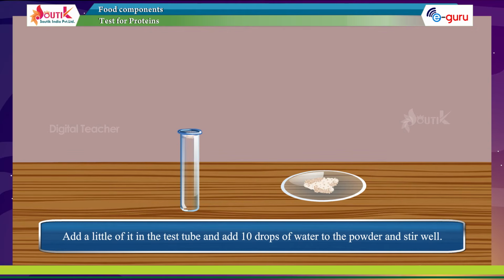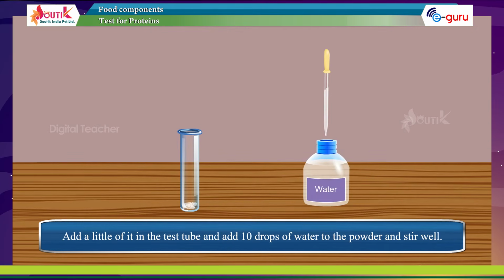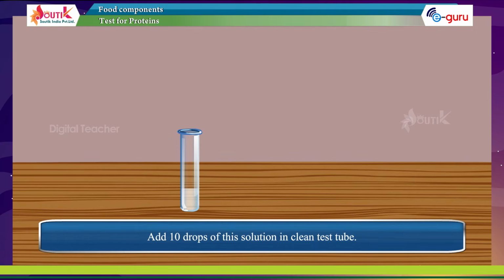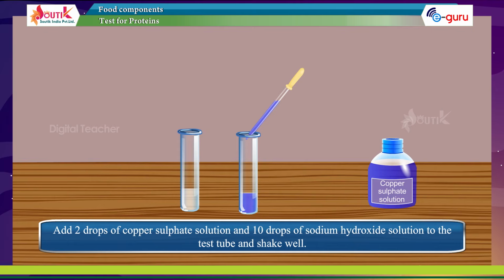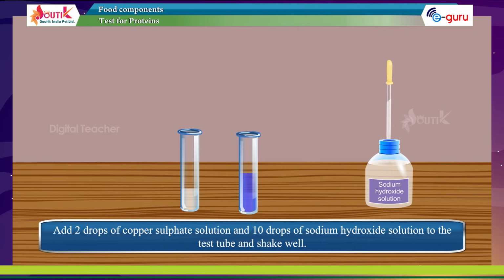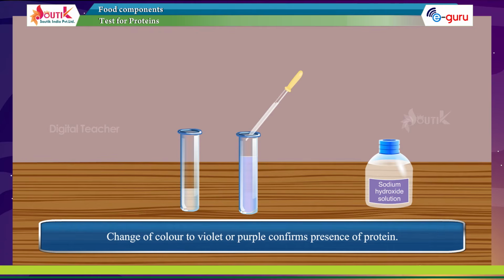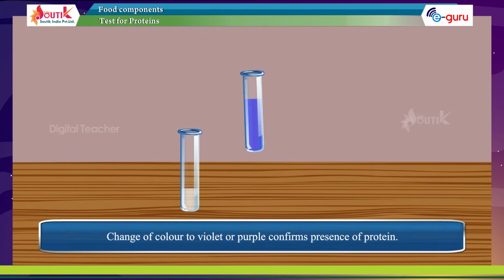Add a little of it in the test tube and add 10 drops of water to the powder and stir well. Add 10 drops of this solution in a clean test tube. Add 2 drops of copper sulfate solution and 10 drops of sodium hydroxide solution to the test tube and shake well. Change of color to violet or purple confirms presence of proteins.